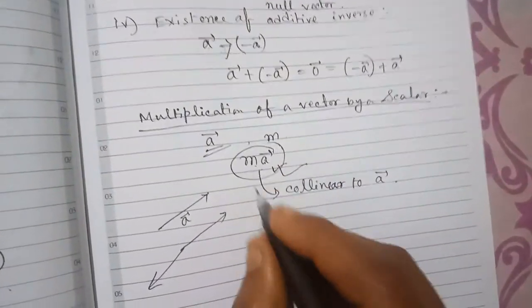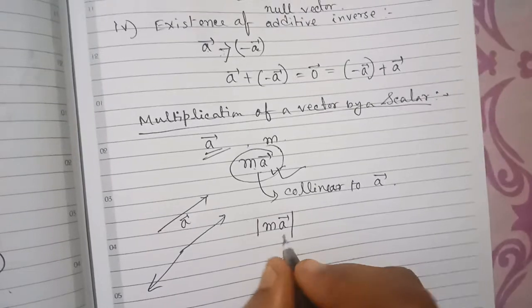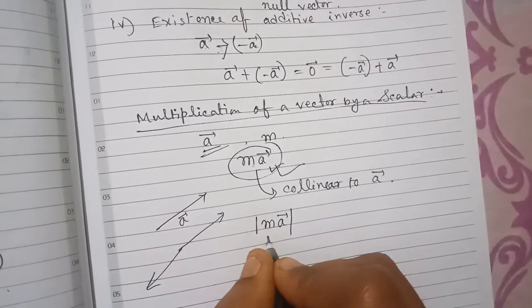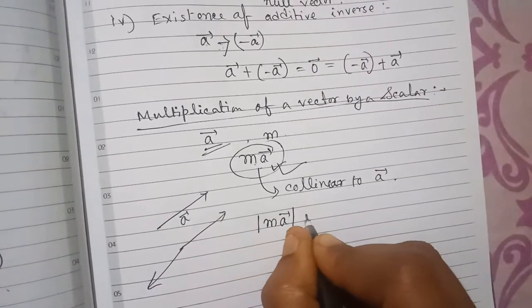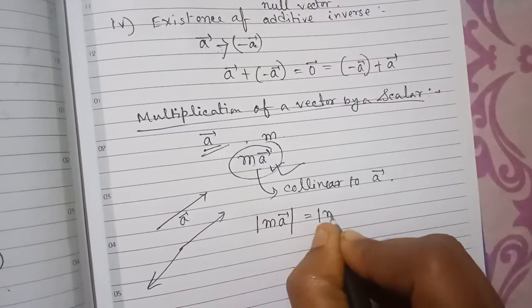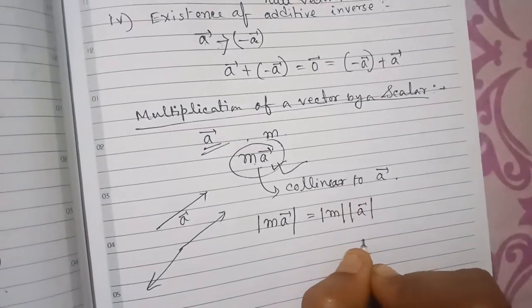Now this m A vector's magnitude, that is mod of m A vector. Any vector's magnitude is represented with modulus sign. So mod of m A vector is equal to mod m into mod A vector.